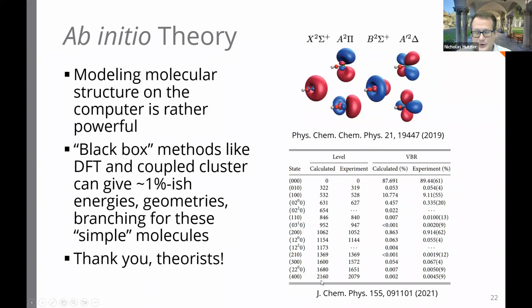It doesn't give you these higher order vibronic things.